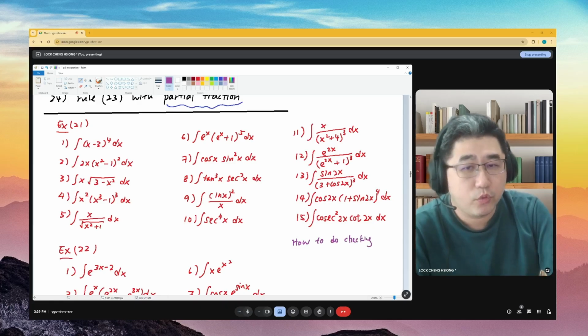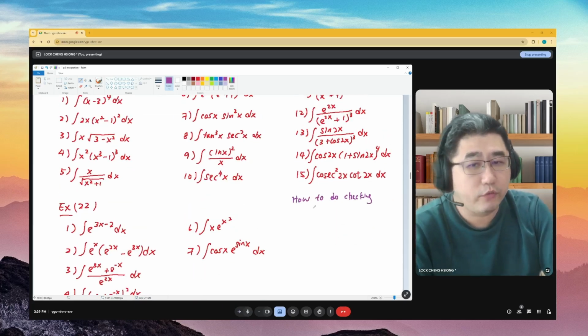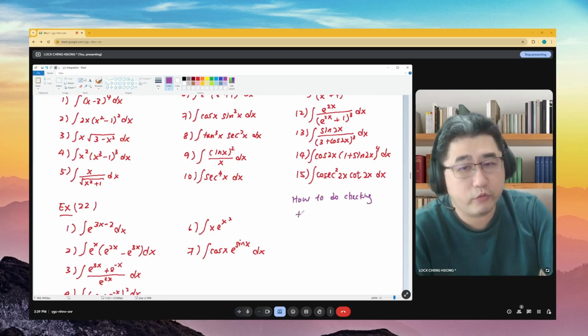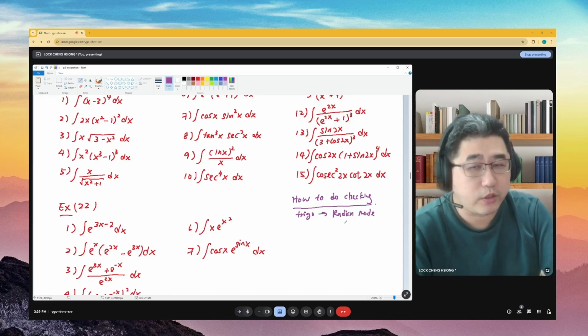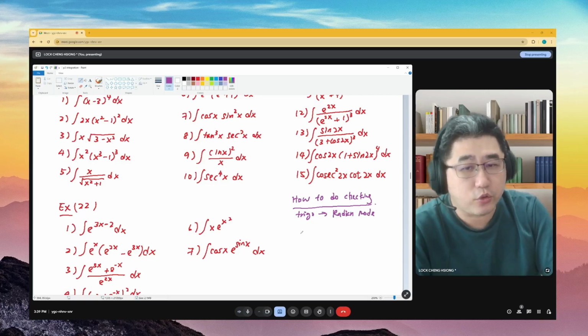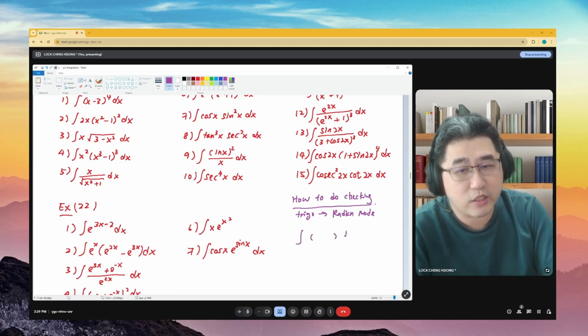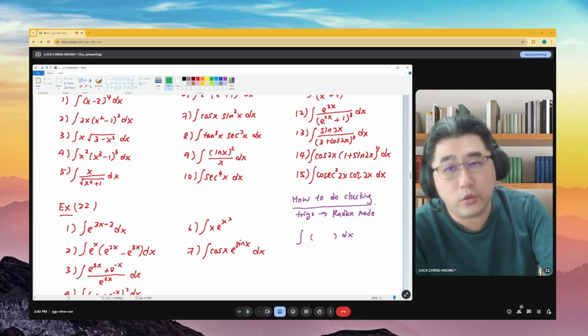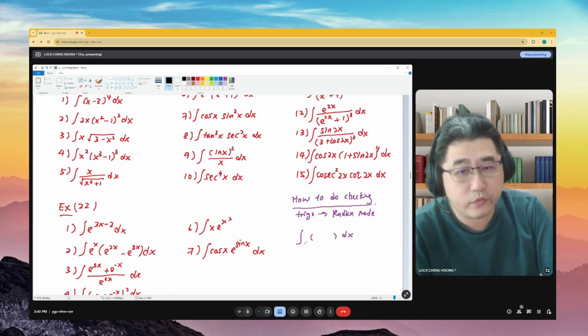Okay, so if it involves trigo, make sure you key into radian mode. This is something that you need to remember. After that, you use the integration button, with whatever question that you actually key in. Then you insert the interval 0.1 and 0.2.